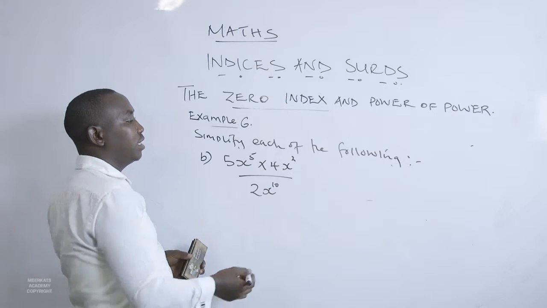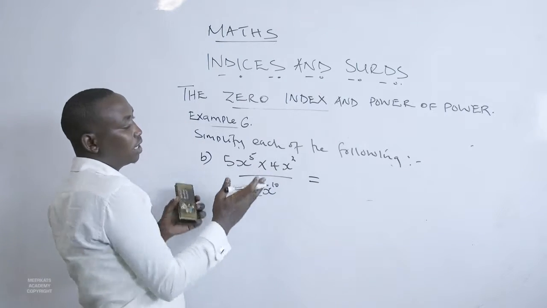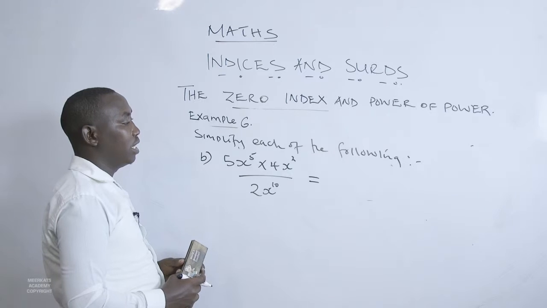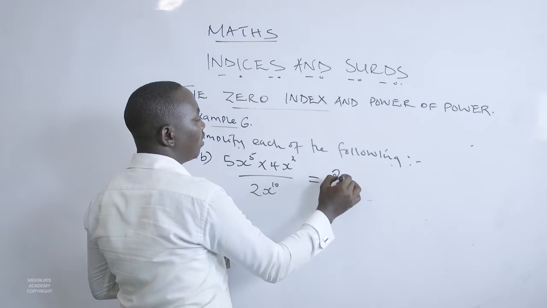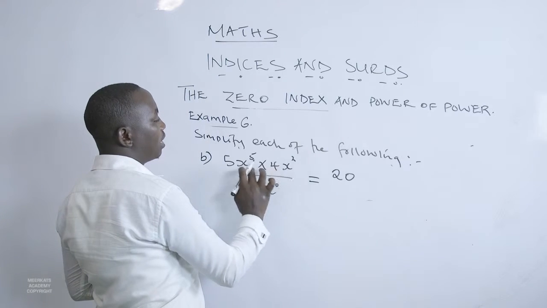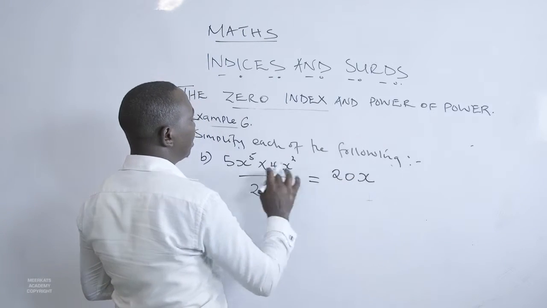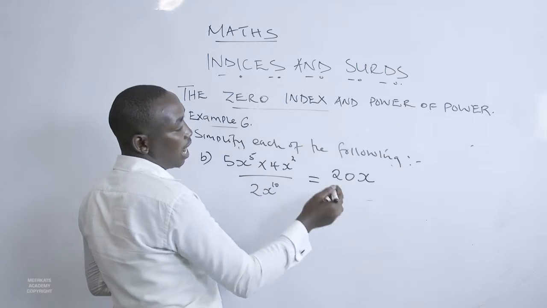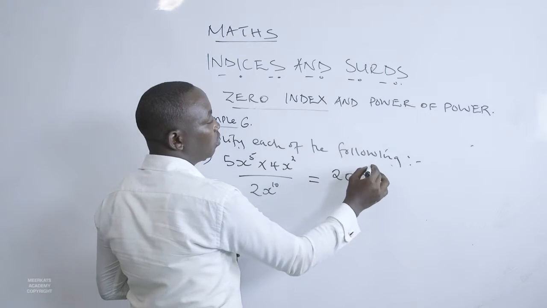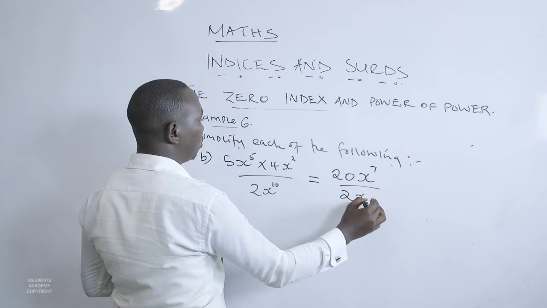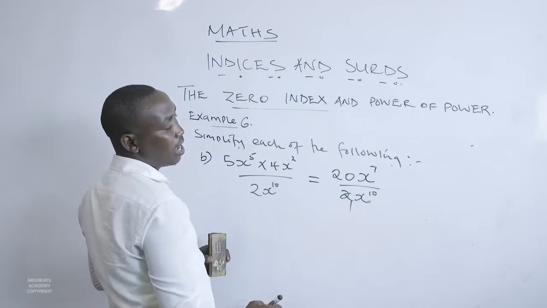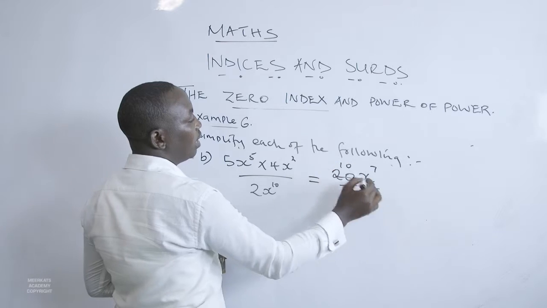So again, for this case, we first work out the numerator before combining it with the denominator. Now for the numerator, we have 5 by 4, which will give us 20. Then we are multiplying, the bases are the same. It is raised to 5 and raised to 2. That means we add the powers. 5 plus 2 will give us 7 over, we now combine 2x raised to 10. 2 will go into 20 10 times.